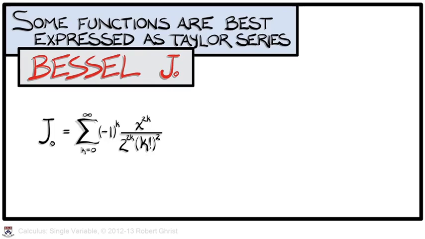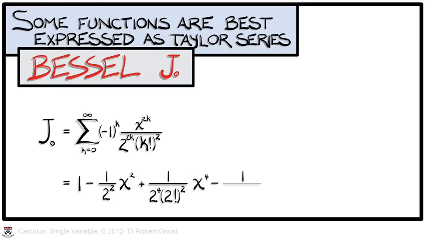That's a bit of a mouthful. We could write that out, and we would get something that doesn't look too bad. There are a lot of complexities in the coefficients there.